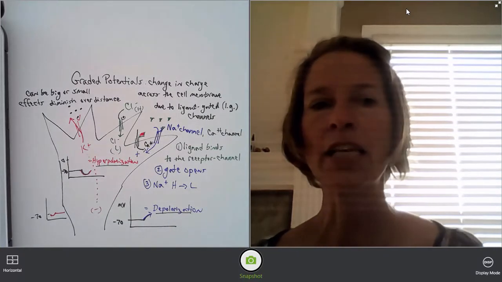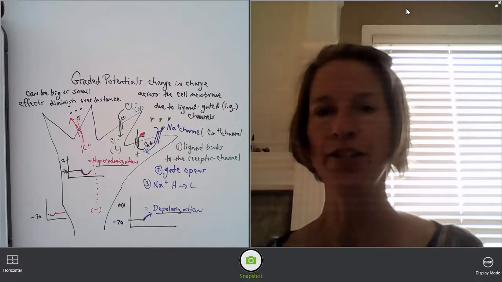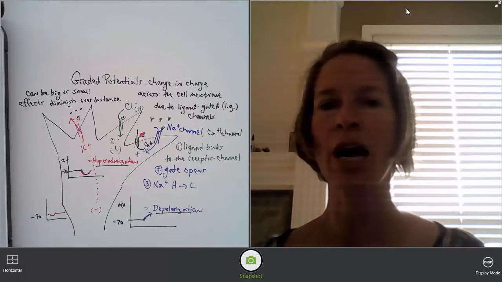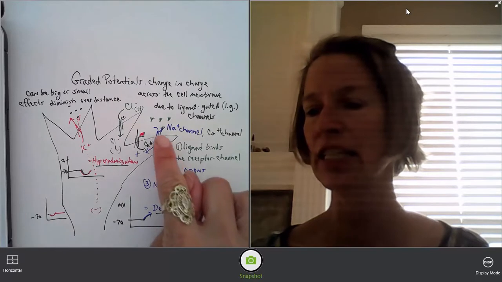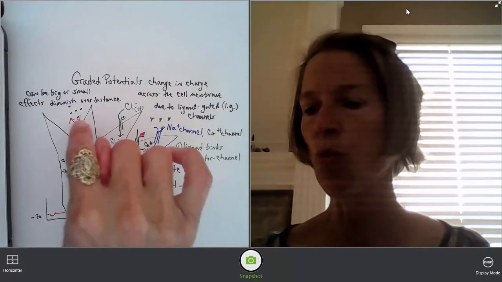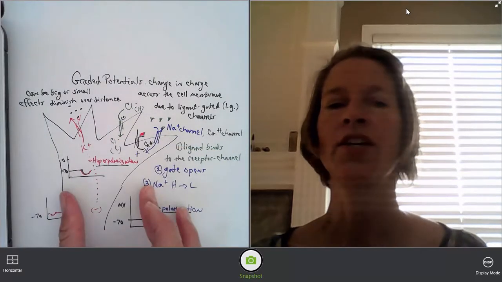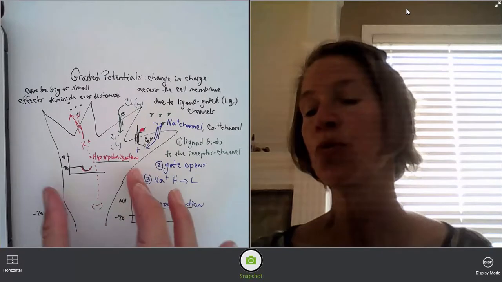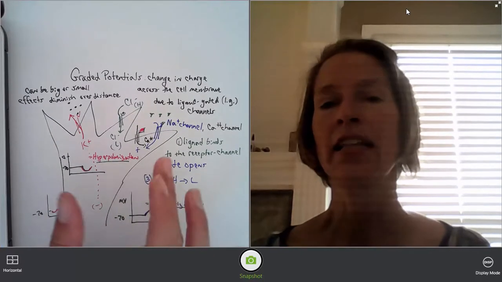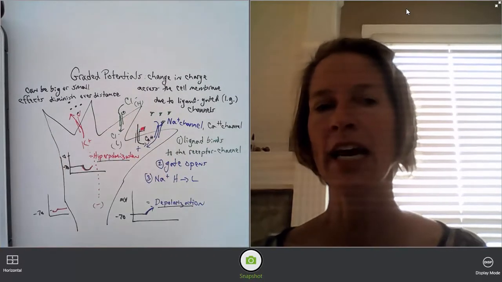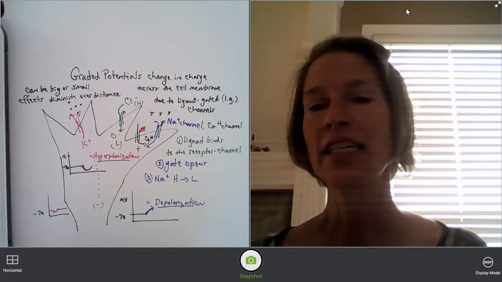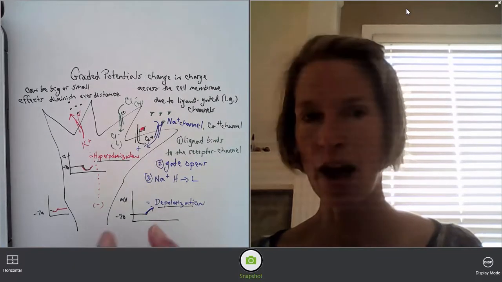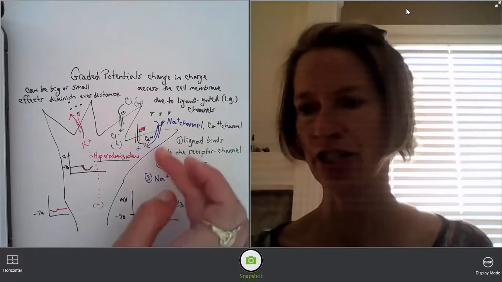The graded potentials can be very numerous. The average number of places on dendrites of one neuron, or cell body, which can be receiving ligands to open ligand channels is 10,000 locations.